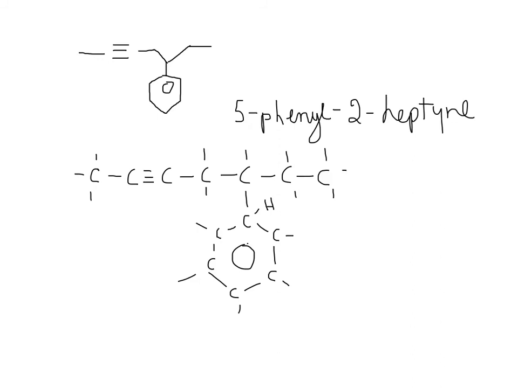Yeah, I do. So let me get rid of this hydrogen. If it were cyclohexane, you would not get rid of that hydrogen. Okay, so we can put the hydrogens in.